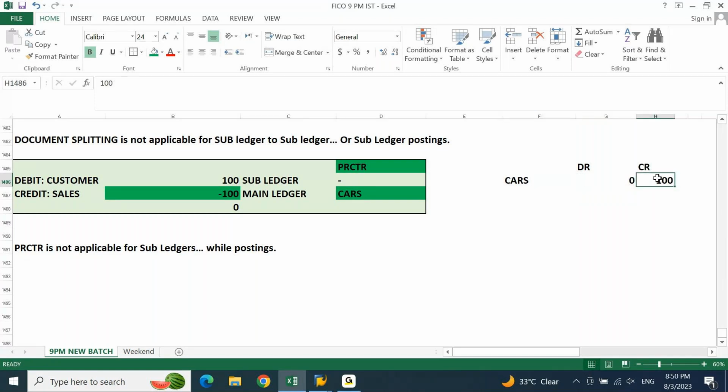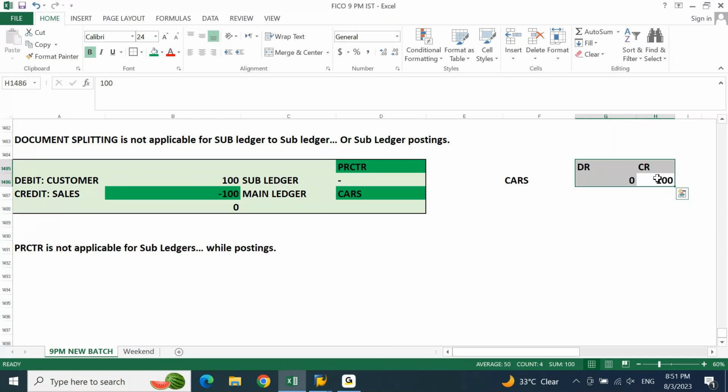So if your debit credit is not matching at profit center level, it is not possible to record the entry. So system will throw an error stating this entry cannot be processed, because at profit center level, your balances are not matching. For your balances to match at profit center level, right from the beginning, your document splitting configuration must be performed in a proper way.